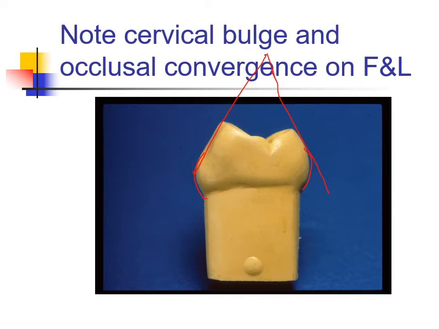If you remember on permanent dentition, when we look at a posterior area, it'll be more rhomboidal, right? So the permanent dentition will have more of a rhomboidal shape, especially on the lower, than the primary dentition, which has an occlusal convergence because of the extreme buccal curvatures and the extreme lingual curvatures.